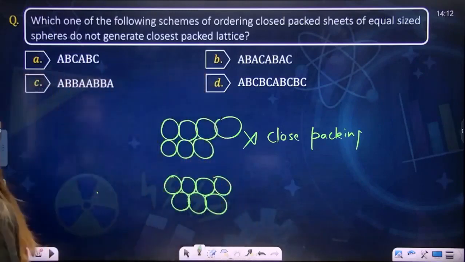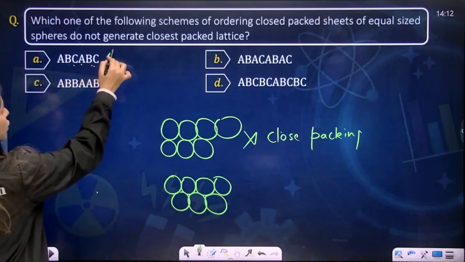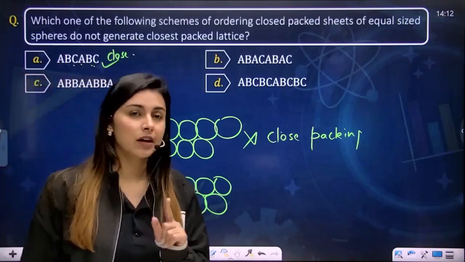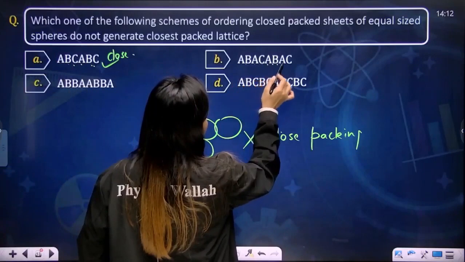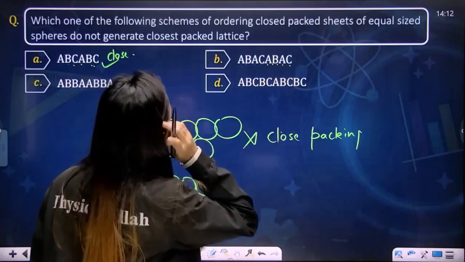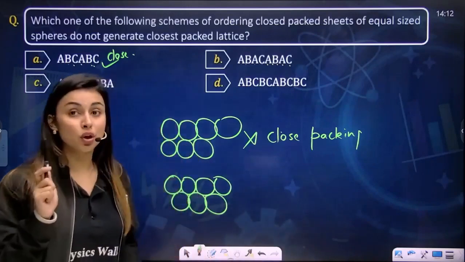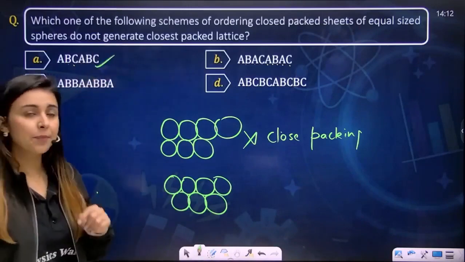Okay, so I can say that ABC, yes, it is a close packing, because no layer is getting repeated here. If I talk about here ABAC. So my dear students, which of the following schemes of ordering close packed sheets of equal sized spheres do not generate a close packing? Okay, so I'll say that this does generate close packing.